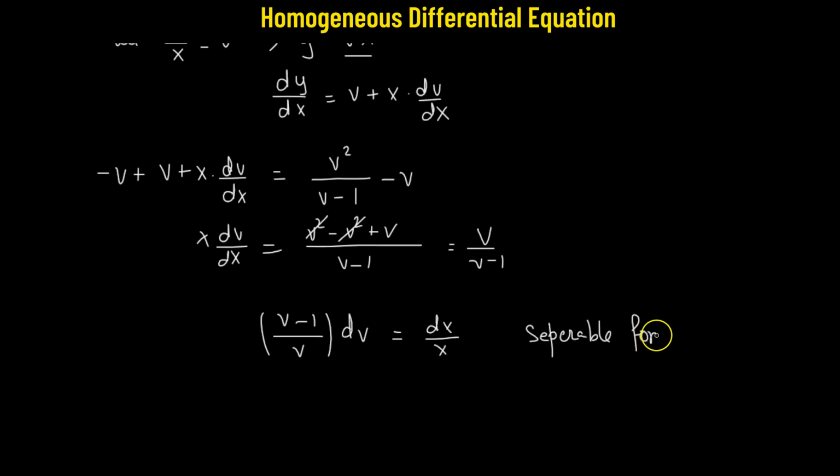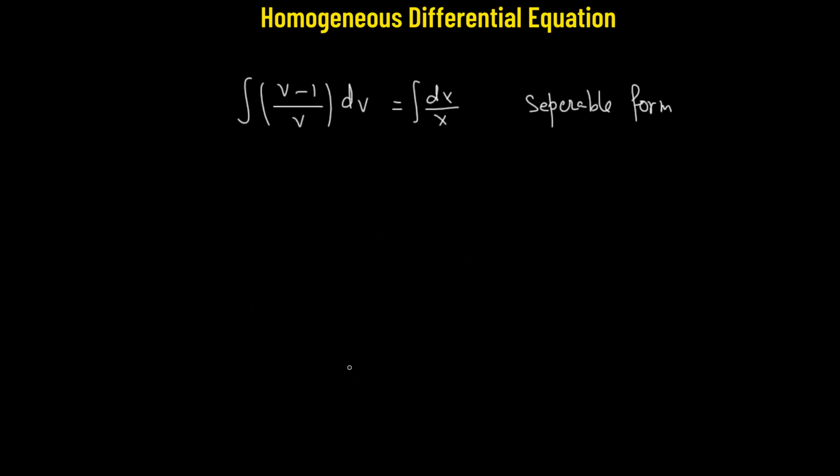Since we have our differential equation reduced to a separable form, now we can integrate both sides. So we integrate (v minus 1) over v, which is simply the integral of 1 minus 1 over v dv, equals the integral of dx over x.